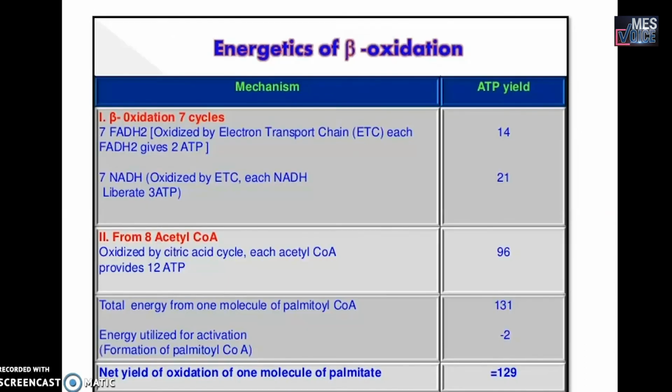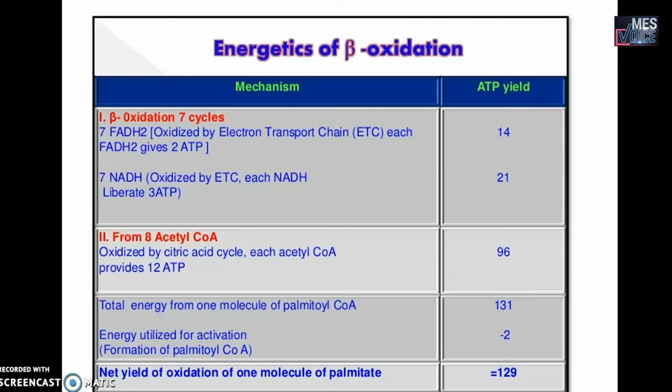Coming to energetics of beta oxidation, that is the number of ATP molecules produced by beta oxidation. So here we are considering the beta oxidation of palmitic acid. So in beta oxidation, 7 cycles, 7 FADH2 are formed, and these 7 FADH2 can enter the electron transport chain or ETC, and 1 FADH2 gives 2 ATP.